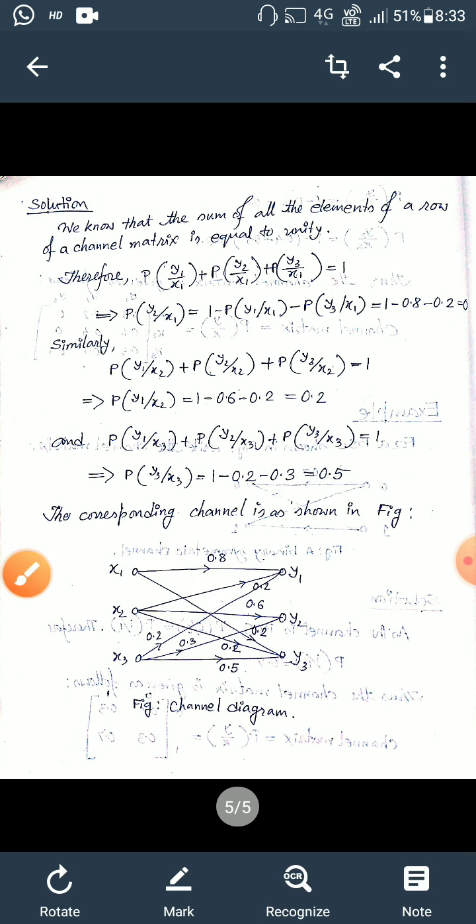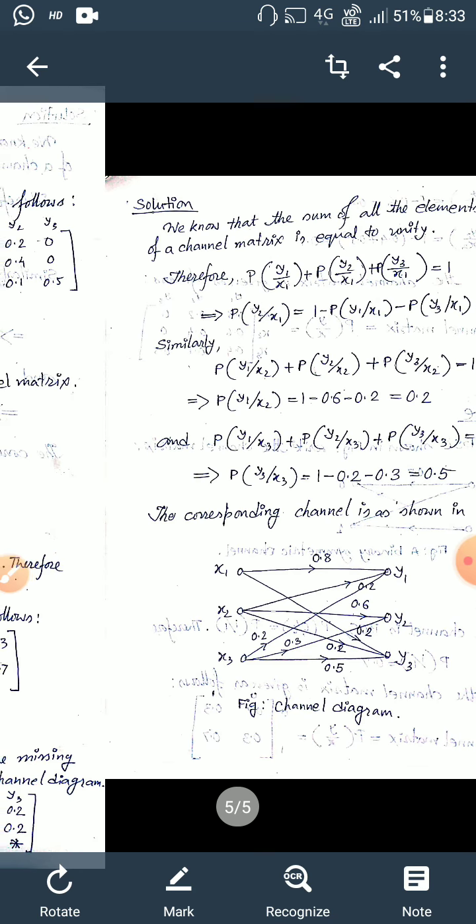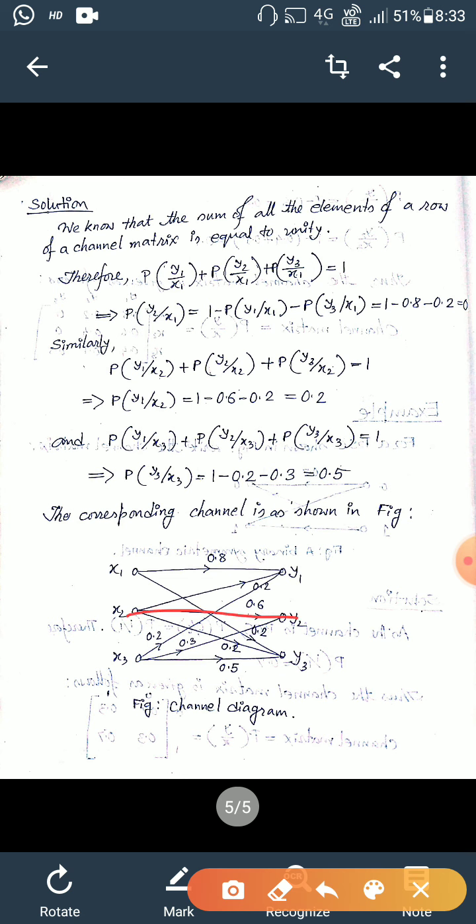So another two lines you have to draw. For the transition probability, y2 due to x2 will be 0.6, so you just apply 0.6 here. In this way you can draw the channel diagram.